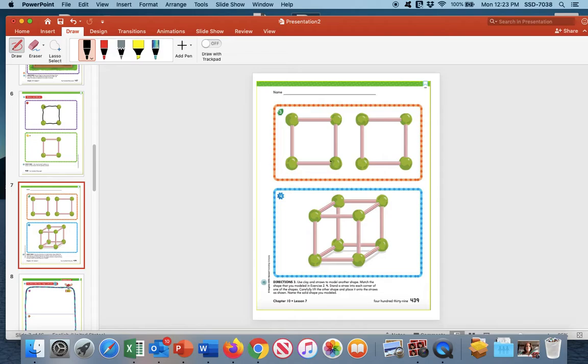If you have 4 of these, you can put it together to form the cube. If you do not have straws and clay, you can take your crayon and trace and pretend that you're making these shapes. Using your crayon, make the squares, down, across, and up, and then come down here and do the same thing, making the cube.